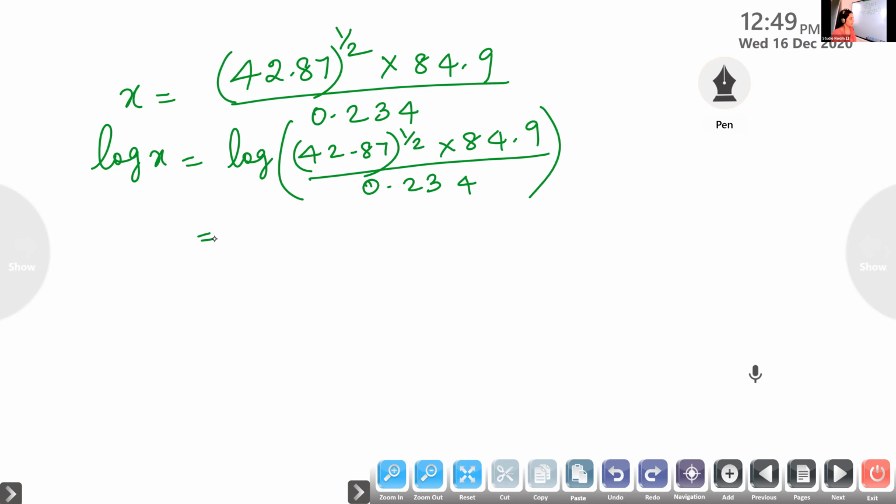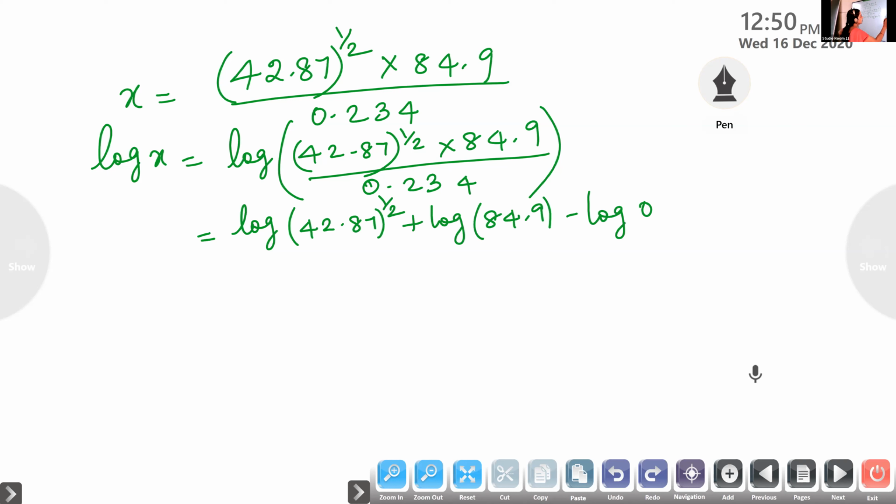Next we are using the property, isn't it? By using the property, what is log of A into B? Log of A into B is log A plus log B. So we can write this as log of 42.87 raised to half plus log of 84.9, and log of A by B is log A minus log B. So I'll get minus log 0.234.